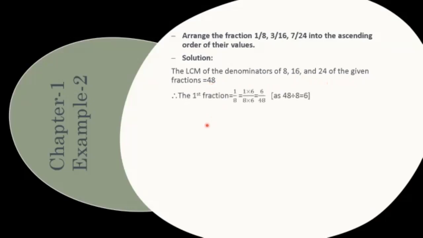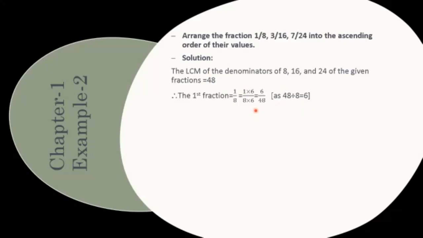Now the first fraction 1 divided by 8, as 48 divided by 8 is 6. That means 48 is the LCM and this 8 is the denominator. If we divide, we will get 6.